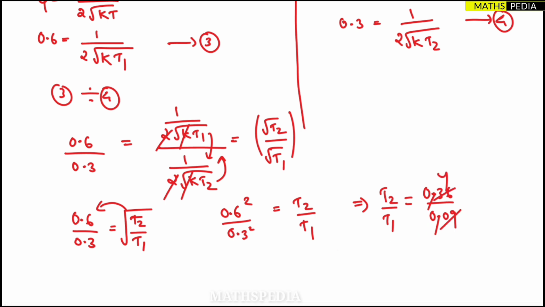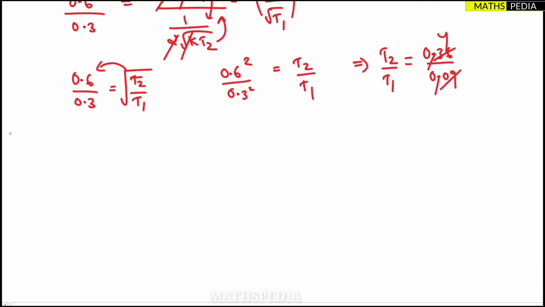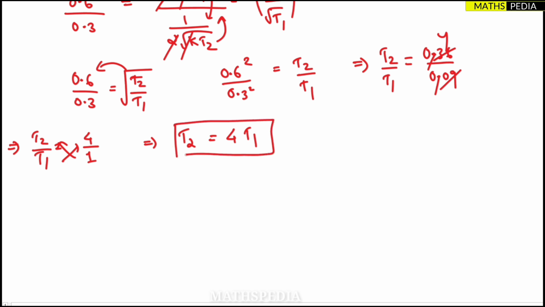So you're getting t2 by t1 as 4 by 1. You cross multiply, what will happen? It will be t2 into 1 is t2 and 4 times t1. So t2 is equal to 4 times t1.